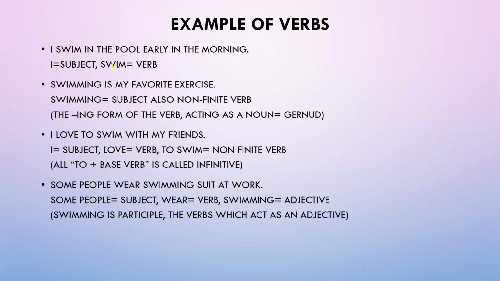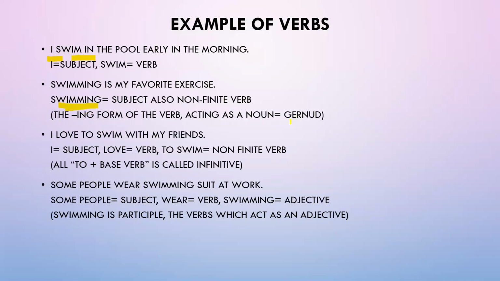Just like, I swim in the pool early in the morning. Here I is the subject, swim is the verb. Next is: swimming is my favorite exercise. Swimming is the subject, but here it is acting as a noun. It is verb plus ing, right?